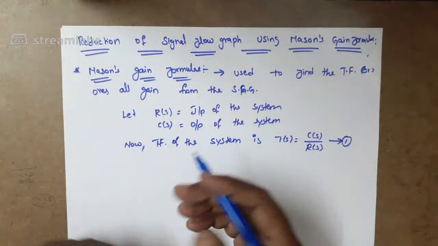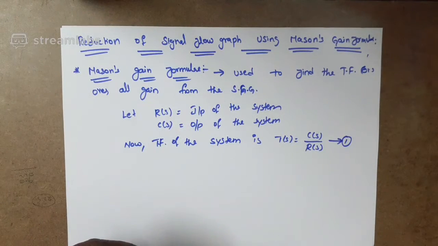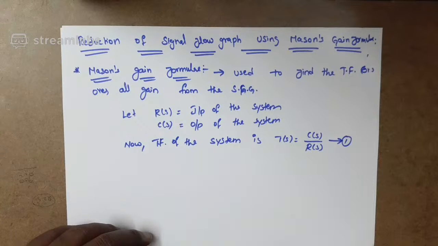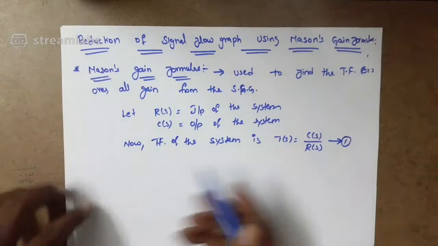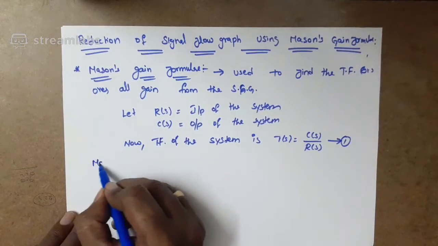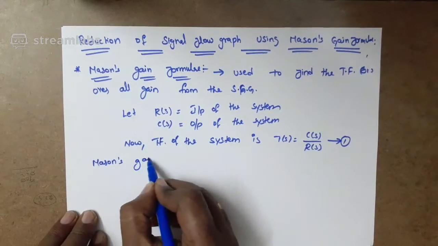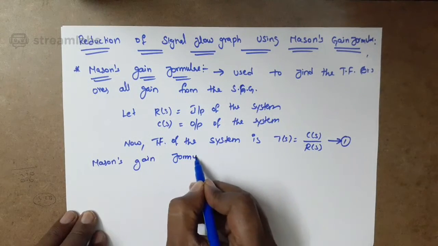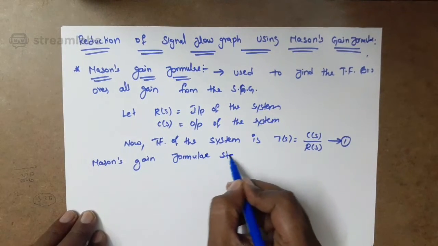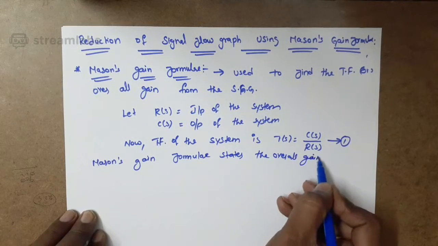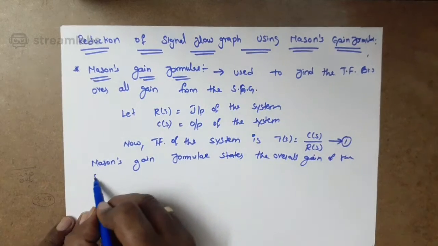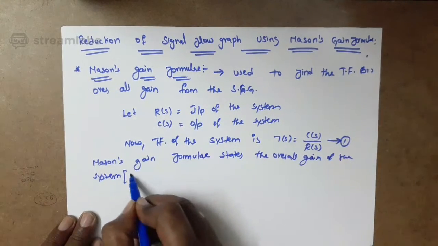Now we are going to know about the Mason's gain formula. Mason's gain formula states the overall gain of the system or transfer function.